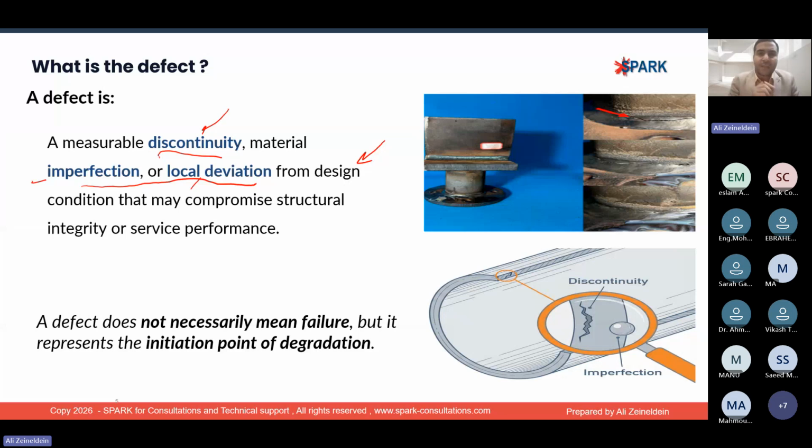But before going deeply into this definition, we should know that a defect doesn't necessarily mean a failure, but it is considered an initiation point of degradation, so we will focus on defects. However, small defects are never safe, and we will explain why.